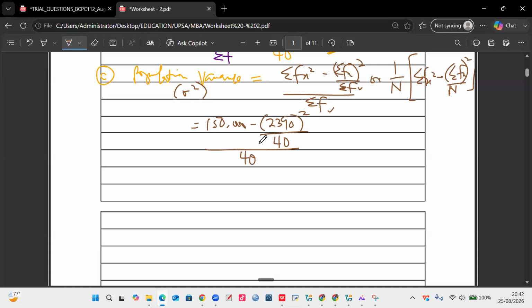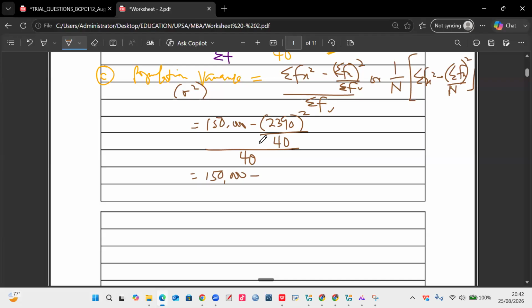So change the 2,390 squared. What do you have? Expand it. 2,390 squared. Hold on.